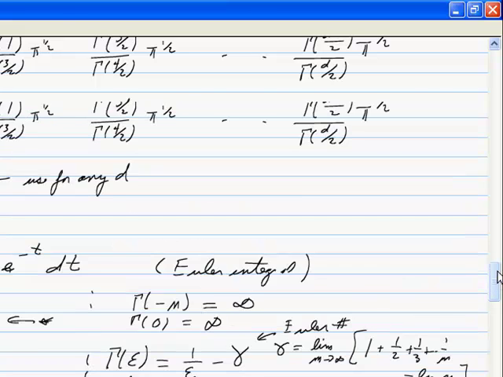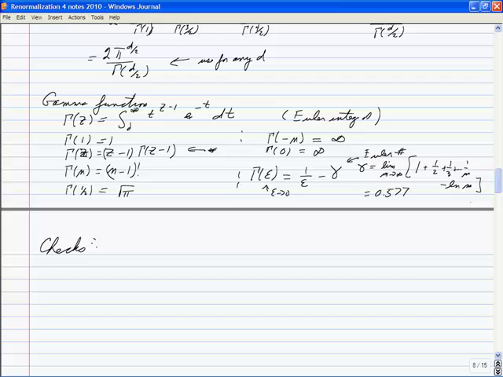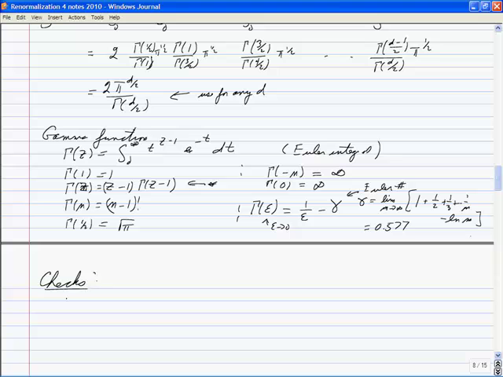So let me actually just do some checks for you. Make sure that these integrals are right. In 2D, d is equal to 2.